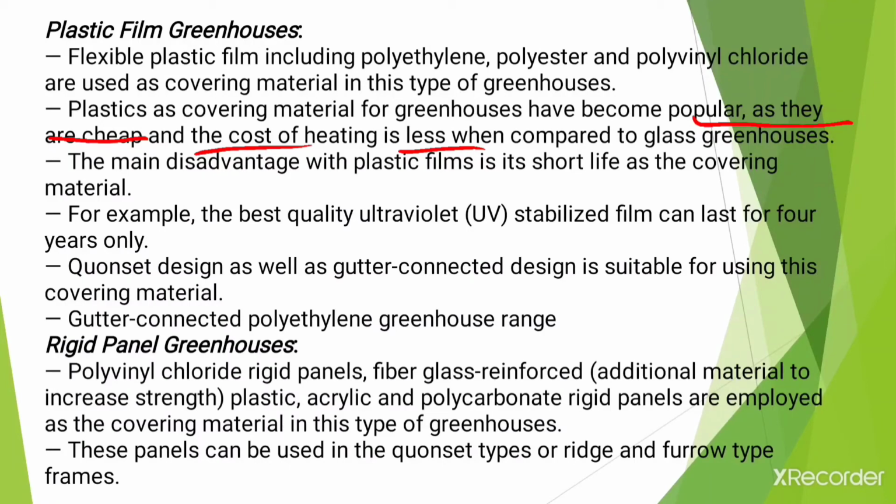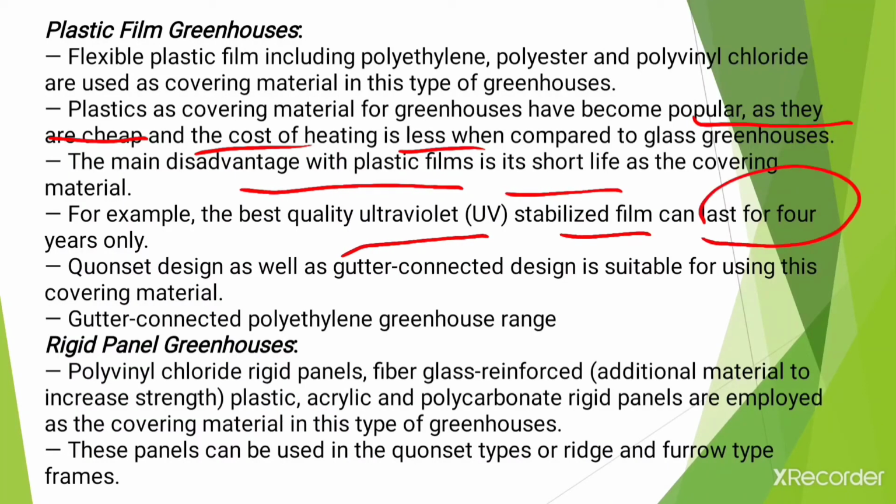The main disadvantage of plastic film is its short life as a covering material. For example, the best quality UV light stabilized film can last only 4 years. Quonset design as well as gutter connected design is suitable for this type of covering material.